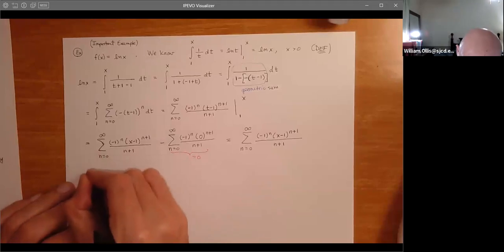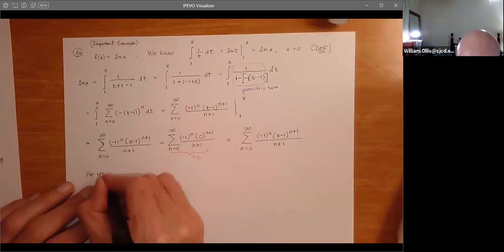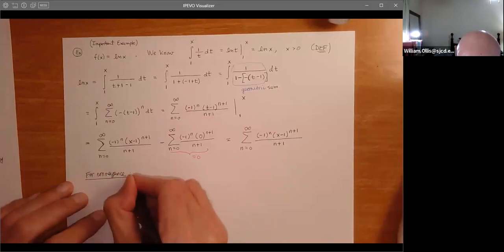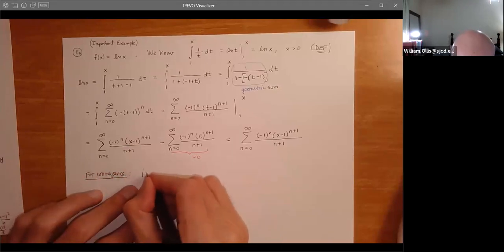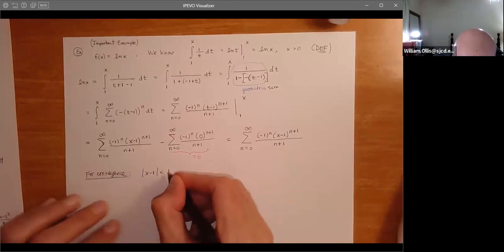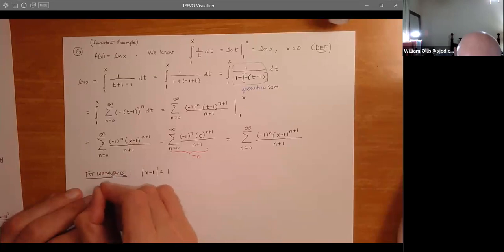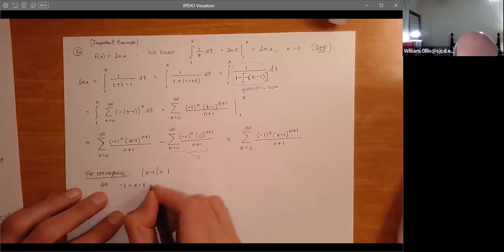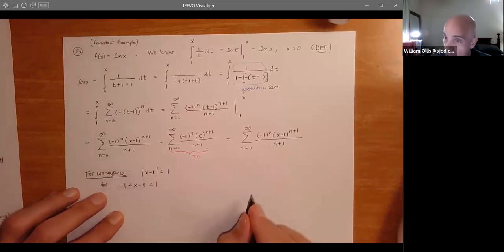So for convergence, we have x minus 1 in absolute value must be less than 1. So equivalently, we have negative 1 less than x minus 1 less than 1.